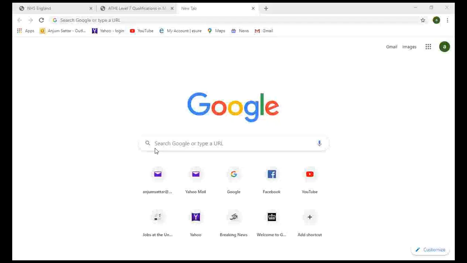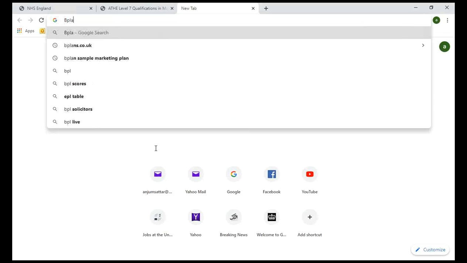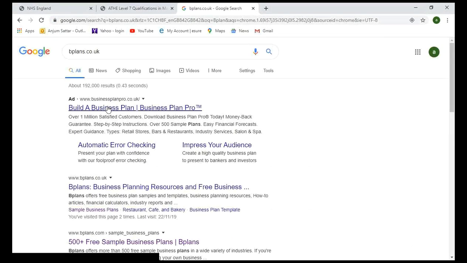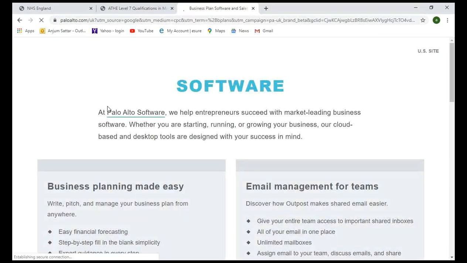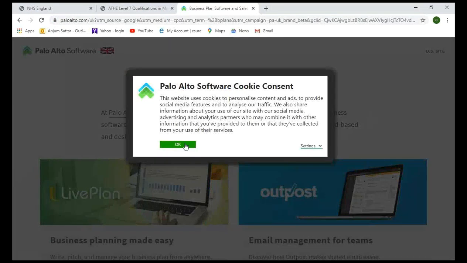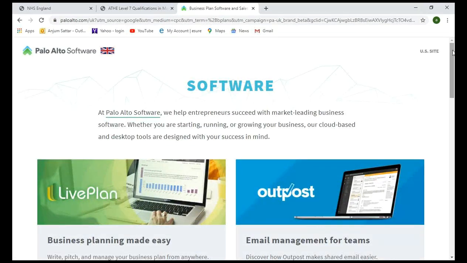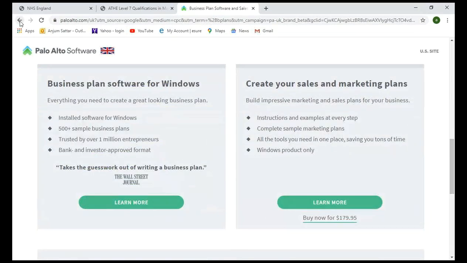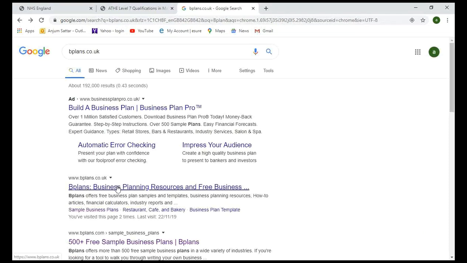So these are really the key things we need to look at around the marketing plan. When you prepare your marketing plan yourself, or in your assignment, there is a website called bplan.co.uk, where you can find a lot of sample business plans.